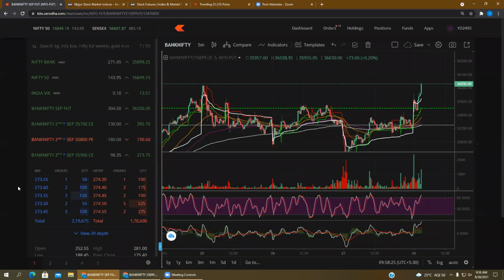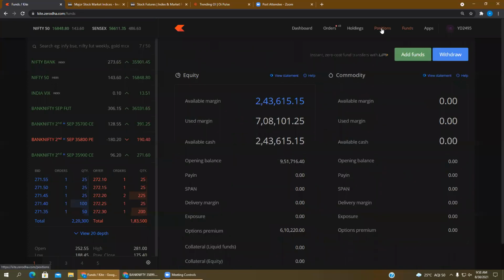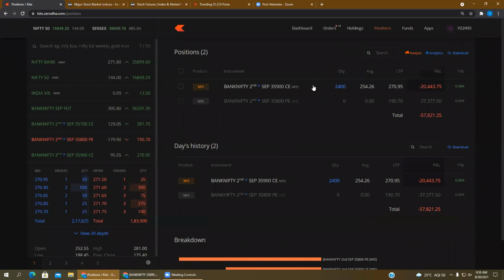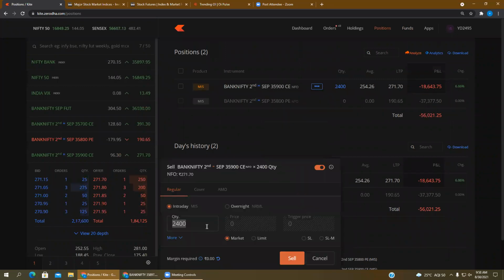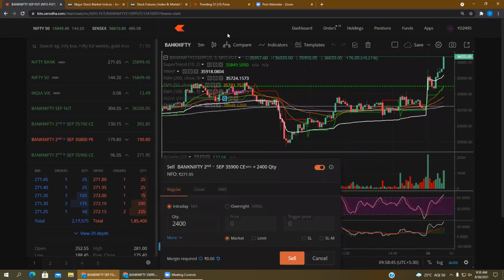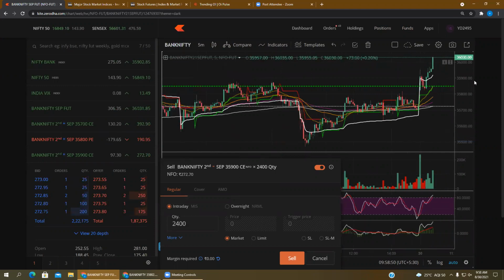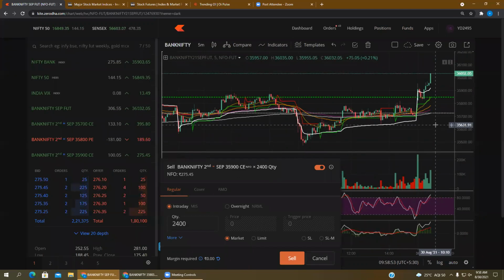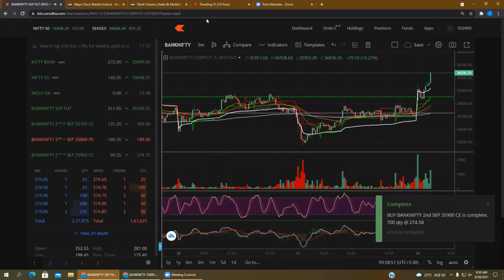This is a very good candle. I did more at 274.